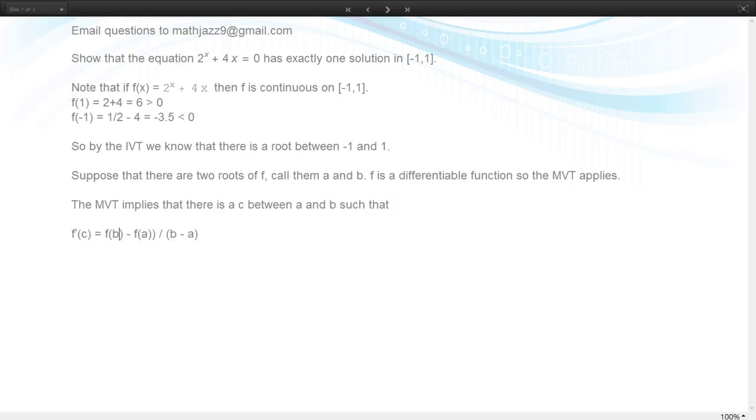And I'll get all of my parentheses in place in a moment. But we also know that f of b is 0 because b is a root, and f of a is 0 because a is a root. So 0 minus 0 is 0. So we get that this is equal to 0 divided by b minus a, which is 0. So somewhere our derivative equals 0 because we have two roots.